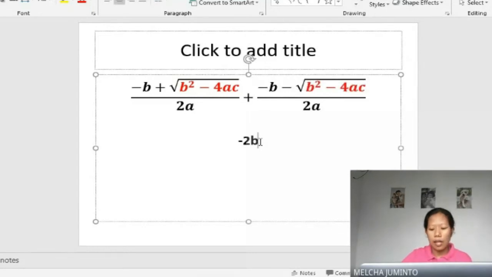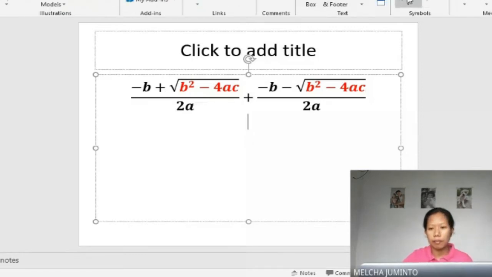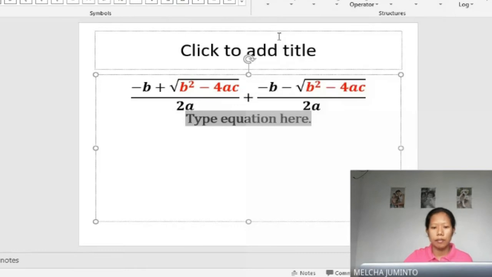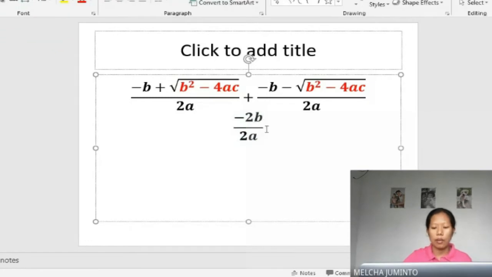What will remain is negative 2b over 2a. Negative 2b is from adding negative b plus negative b, and 2a is by simply copying the denominator.